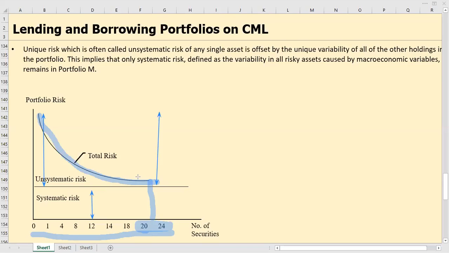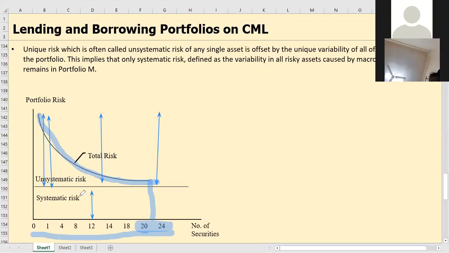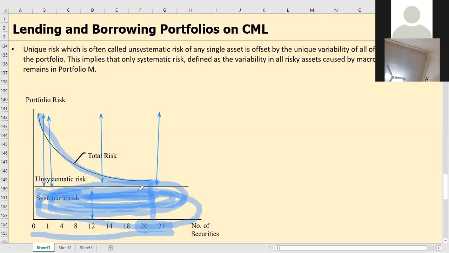At that point, all the risk that can be diversified is already diversified. What is left is only this particular portion. So when it comes to the market portfolio, the only thing remaining is the systematic risk, right?